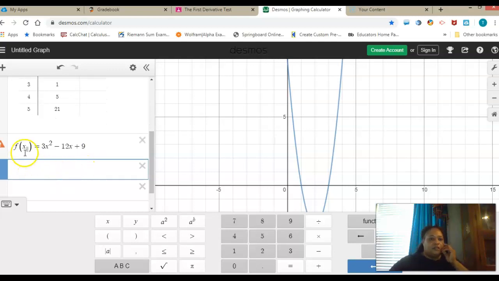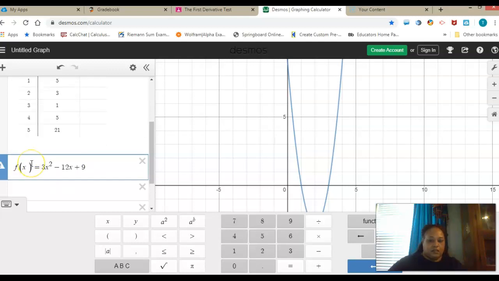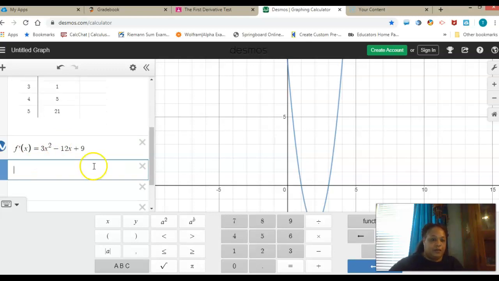I don't know why it's giving me this. I guess I can delete that. I'm going to call it f prime of x. There we go, so f prime of x.